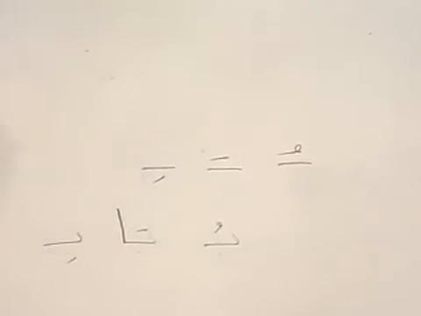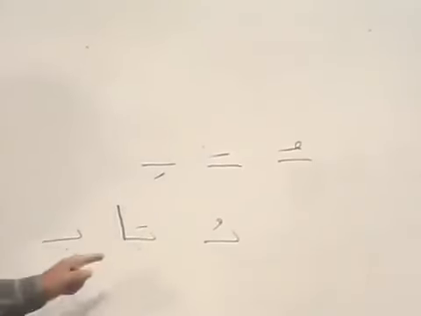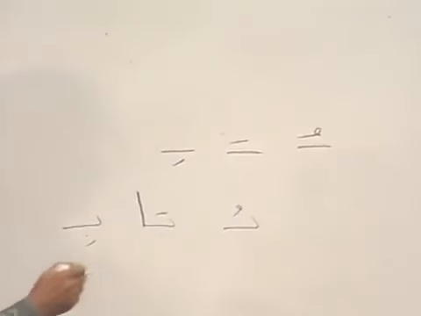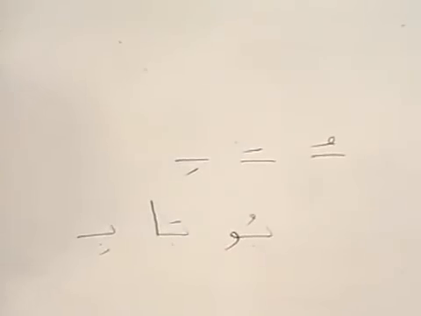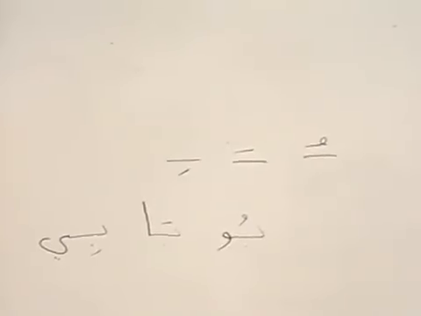Now you see, the job of alif is to elongate. Now this is ba. And then I put waw here, and it is bu. And if I put ya here, it is bi. Are you with me? Now, there are three vowel signs.